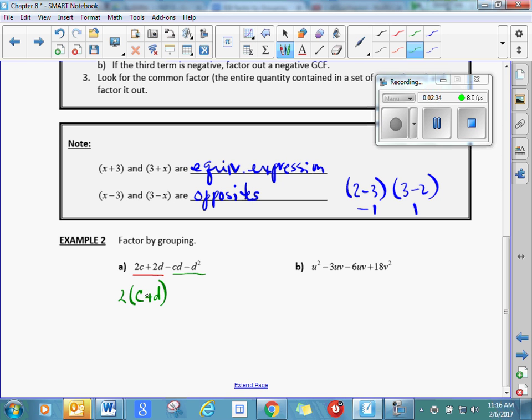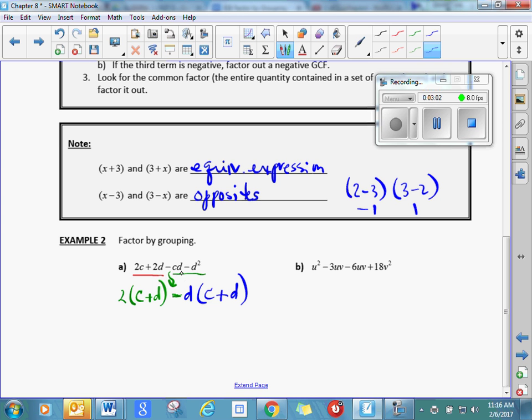Now we're going to move on to the second pair of terms. When you have a negative sign down here, you are actually factoring out a negative GCF. What do you see that they have in common, these two terms? They have a D in common, and we are factoring out a negative D. So that leaves a positive C on the inside, and notice that the sign here changes.